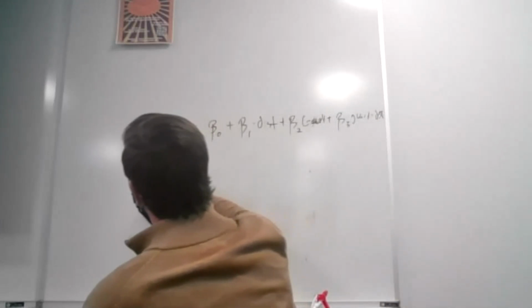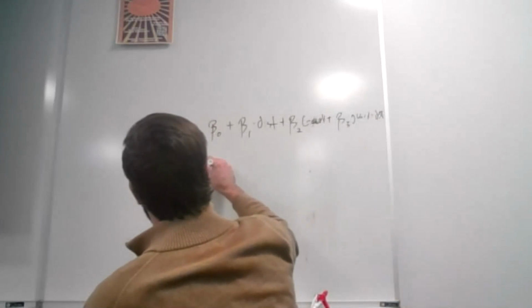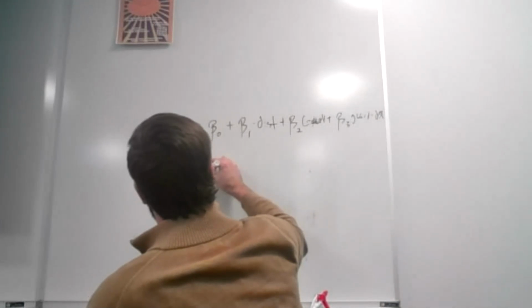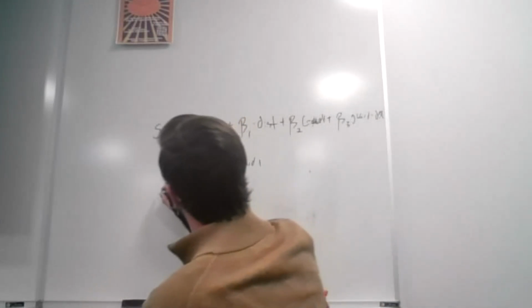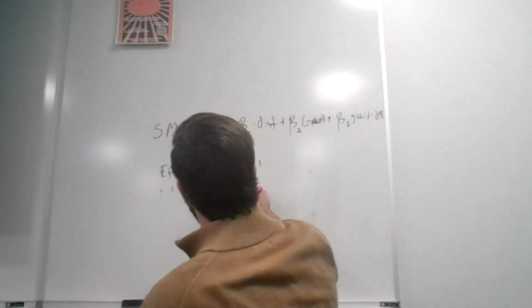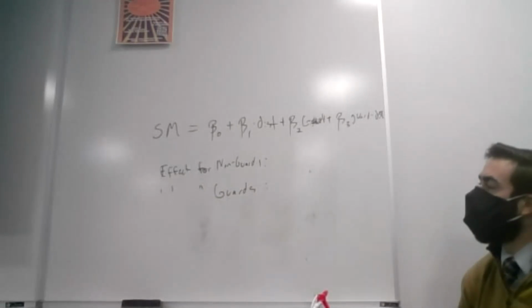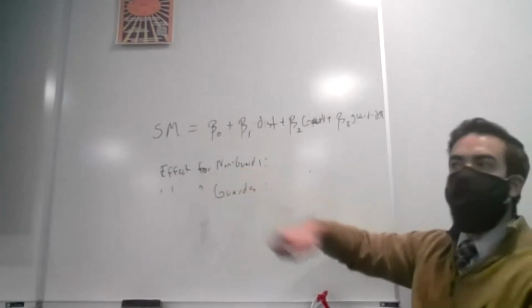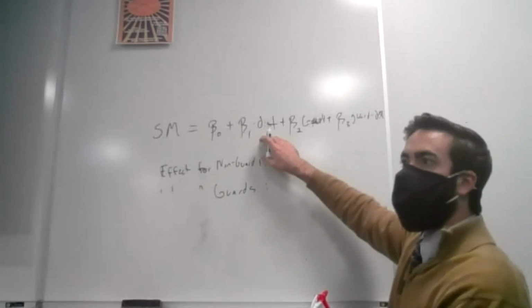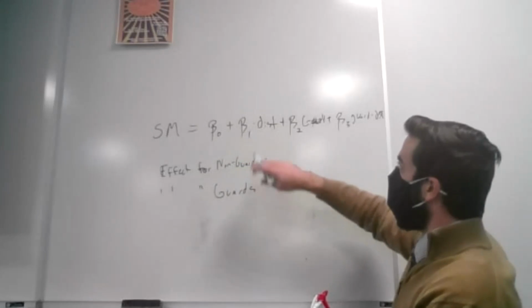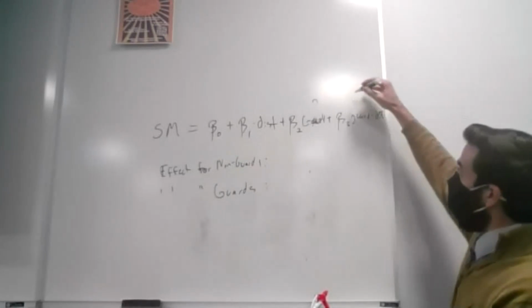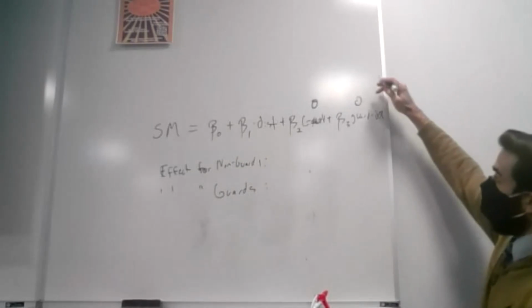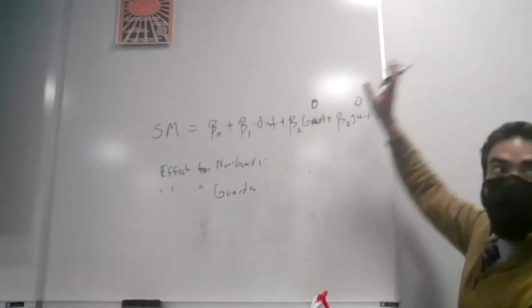So if we think about the effect for non-guards, and then the effect for guards. For a non-guard, the effect of distance on whether or not they'll make the shot: if they're not a guard, this is a 0, this is a 0, 0 times anything is 0, so none of that has an effect.